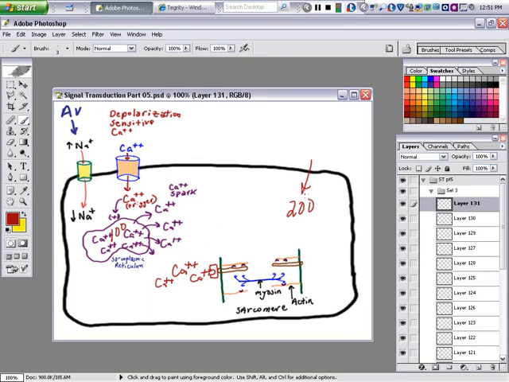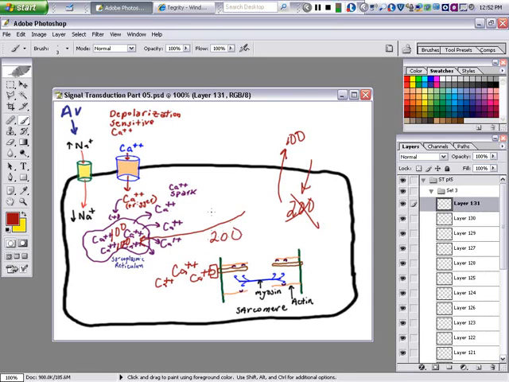Now what's going to happen, there are calcium pumps that pump the calcium into that chamber, and calcium pumps that pump calcium to the outside. Let's say 100 of these go in here and 100 go out here. Now on the next contraction, 200 are going to come out, and now you're going to get greater contraction. Make sense? Now let's say that contraction is over. Now what's going to happen, 200 are going to come out.